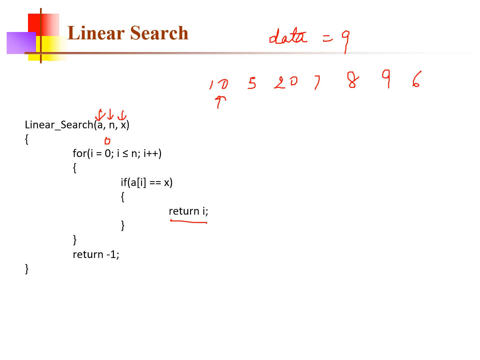But if you found the element and you don't want to traverse all the elements in the array, then what you can do is, if you are finding the element, you can break from here and go out of this loop.